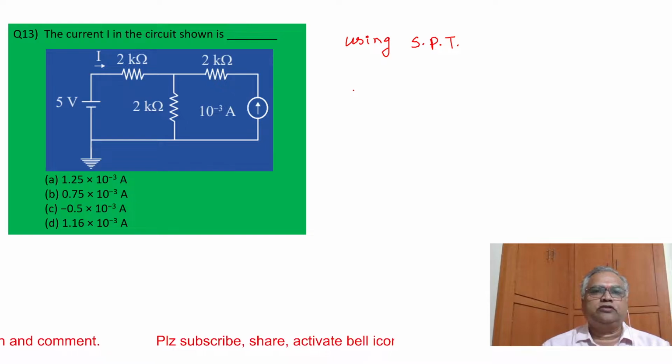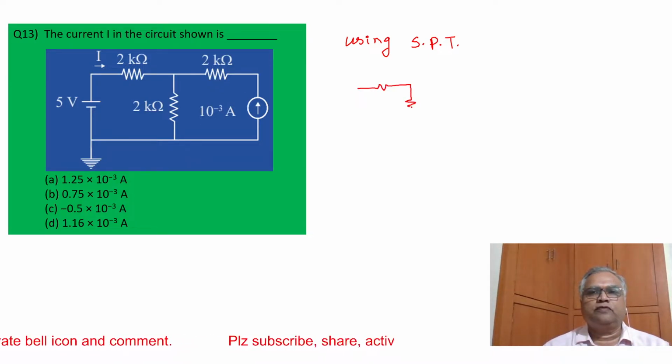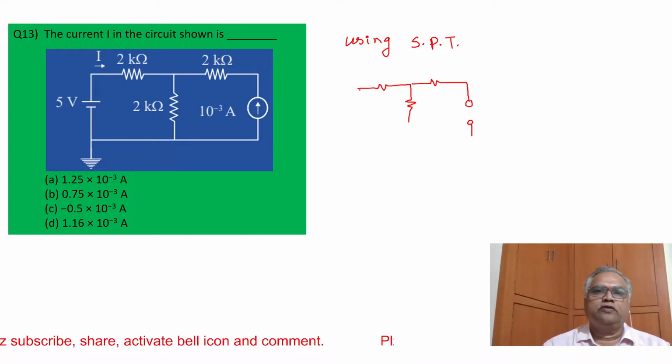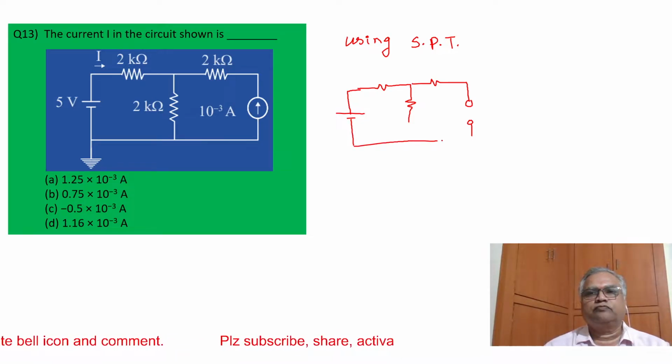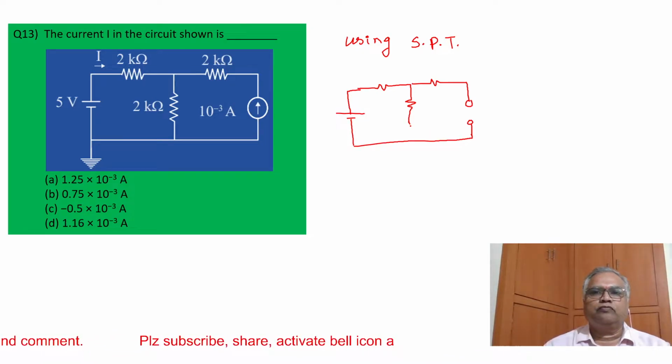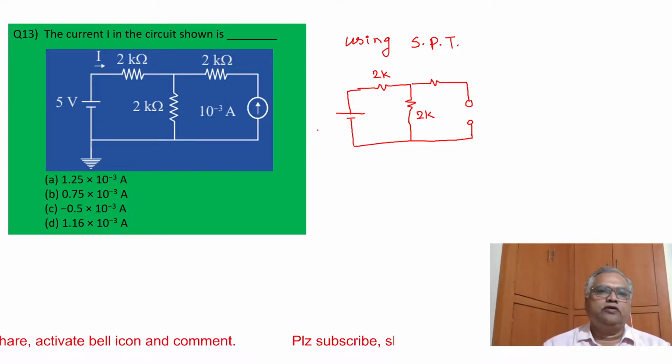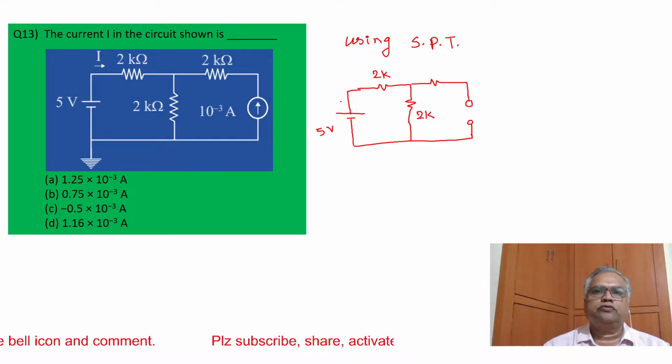Using that, if I take only the 5 volt source, obviously the current source is open. We take only this voltage source. This is 2K, 2K, 5 volts.